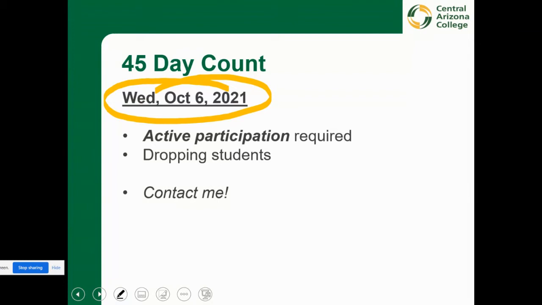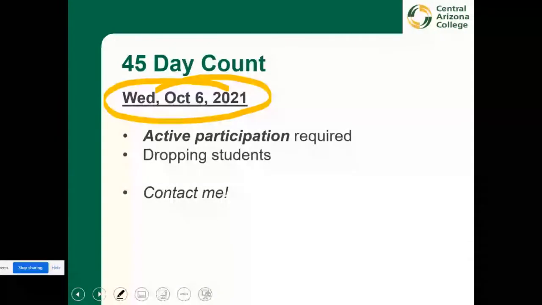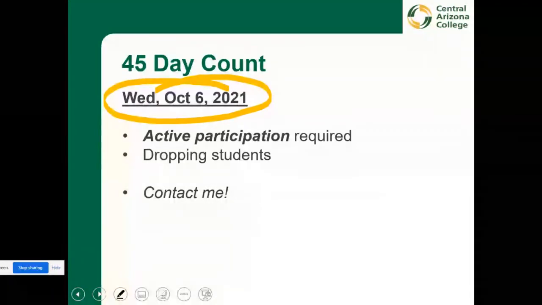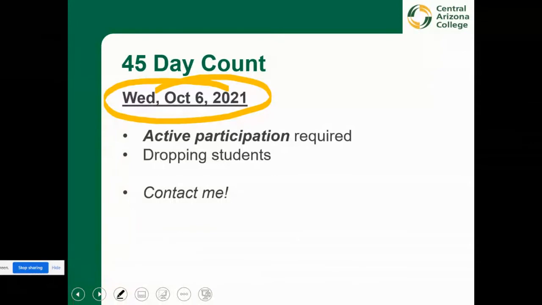That is not to say that you can count on all of us doing this. Some of us do it a little more actively than others. If you are not participating, there is a chance that you might still sneak through the process and be recorded as participating in the class, and it really is in your benefit to make that call and get removed. It's not something we can put on all of our instructors. If the class is not working out for you, this is the time to reach out to the instructor.